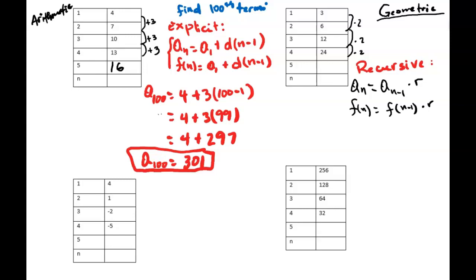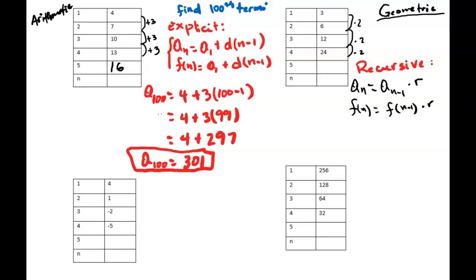All that means is this a sub n minus 1 means the previous term, and the r is your common ratio. So if I want the fifth term, I can use the recursive formula to find it.